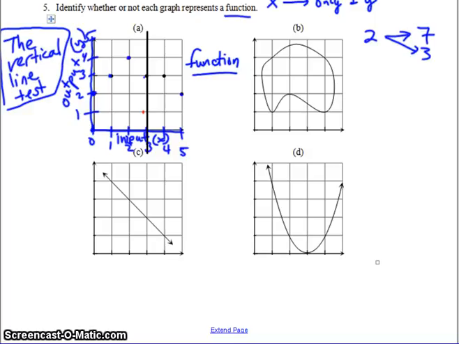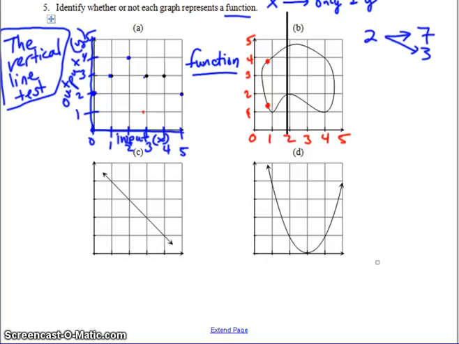So let's check B out. For B, we could use the vertical line test. It would be a good one rather than looking at each point. You could write the points in again if you want: 0, 1, 2, 3, 4, 5. If I run the vertical line test, I intersect at many points here. Right here, my vertical line intersects these 2 points.